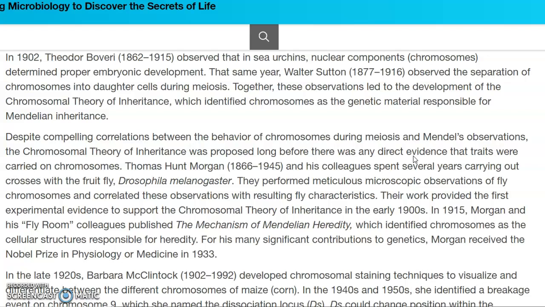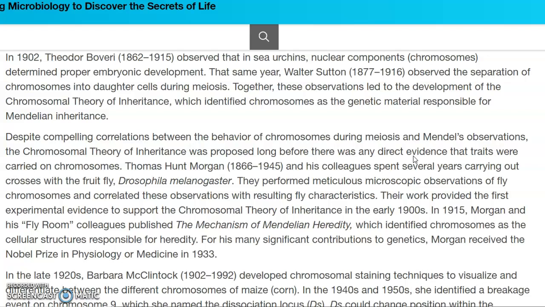And ever since Morgan started his work with fruit flies, these have really been the organisms used extensively in genetic trials, because they grow so quickly, they're easy to observe, and they're easy to keep in a closed area so that you don't get any crossbreeding or anything like that. And so Thomas Hunt Morgan published The Mechanism of Mendelian Heredity, and he received the Nobel Prize in 1933.